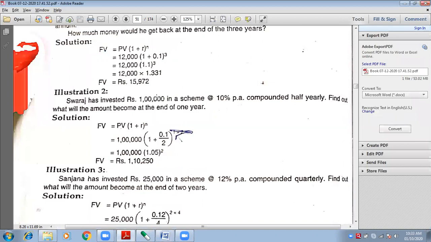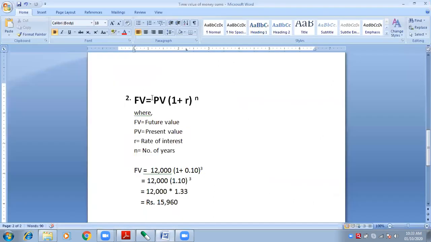See, Swaraj has invested rupees 1 lakh today. So 1 lakh is my present value. Am I right? Yes, ma'am. 1 lakh is the amount that I am investing today, at the rate of 10%.